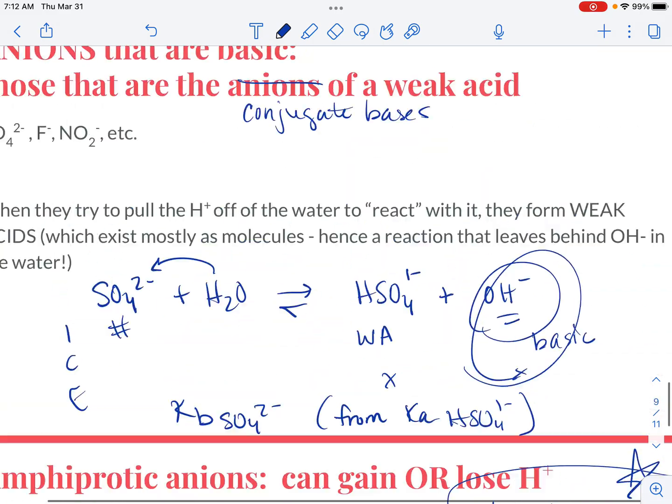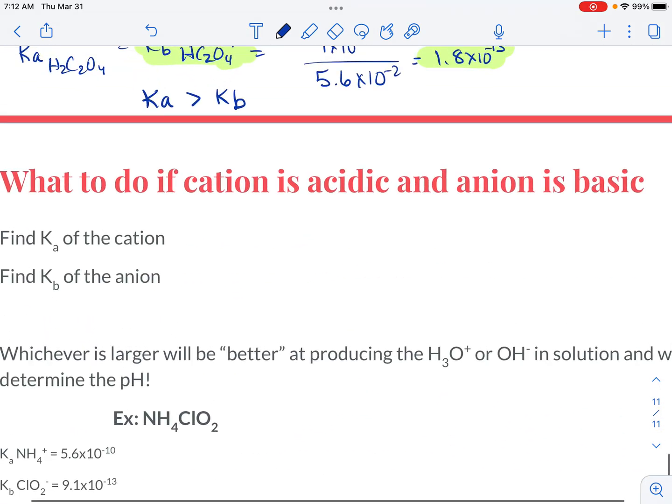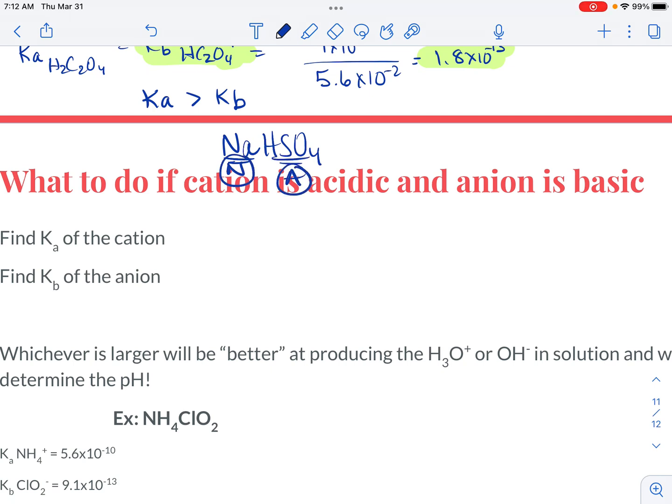Finally, what I always do is say, okay, I have a salt, so maybe I have sodium hydrogen sulfate, and I can look at this salt and say, this is neutral because it's the cation of a strong base, and this is acidic because it's amphiprotic, but it happens to be one of the amphiprotic ones that's acidic.